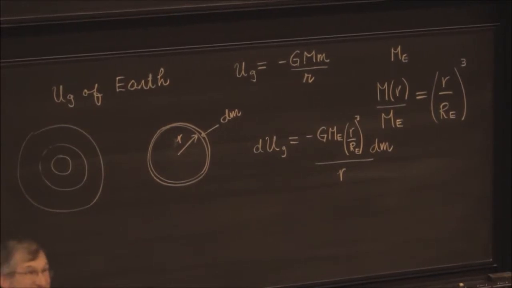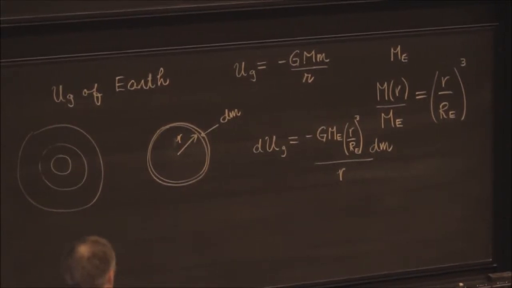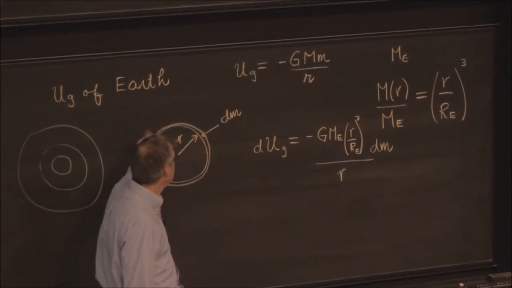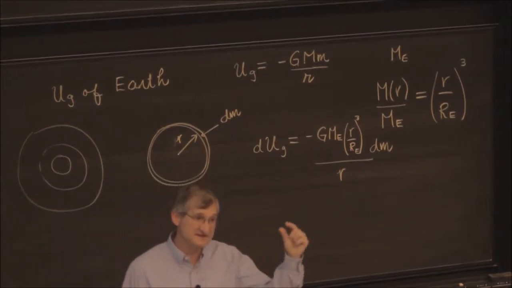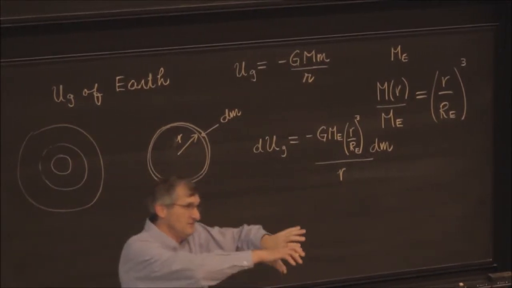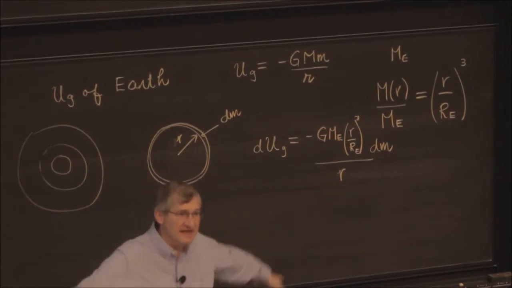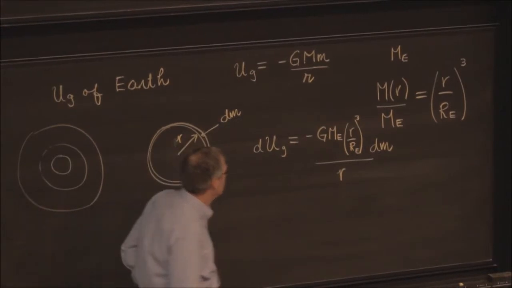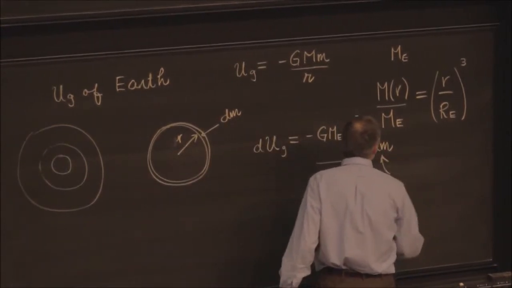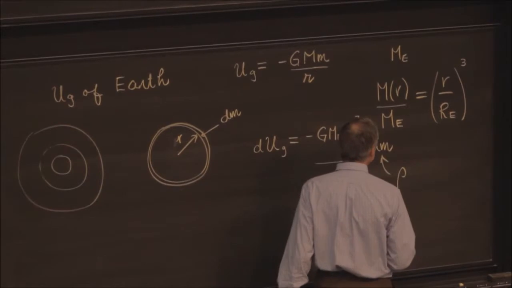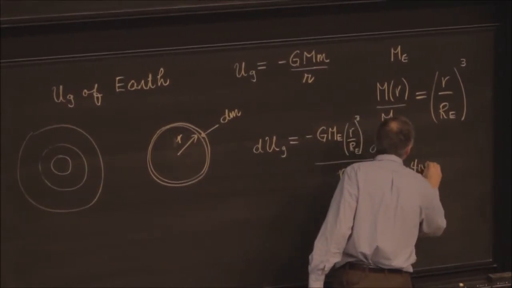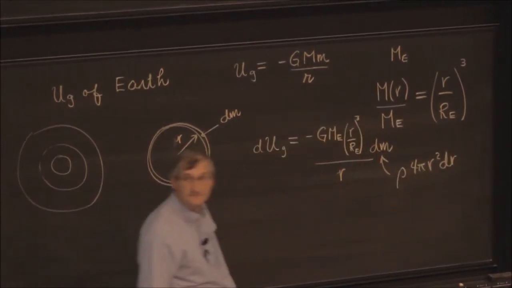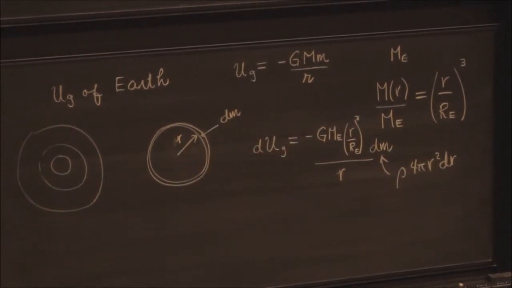I want to relate it to dr. So how much mass should there be in that little infinitesimal shell of thickness dr? So we just open it up. It's like an orange peel. We lay it flat, and it will be the surface area times the thickness. So dm will be, if you like, the mass density times 4 pi r squared dr. Agreed? Open it up, lay it flat.